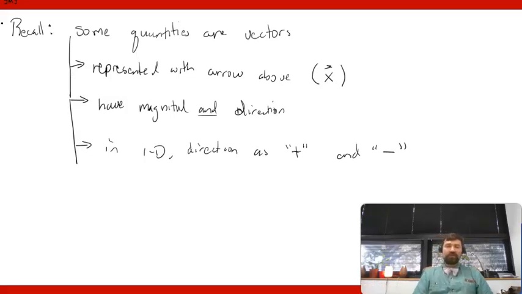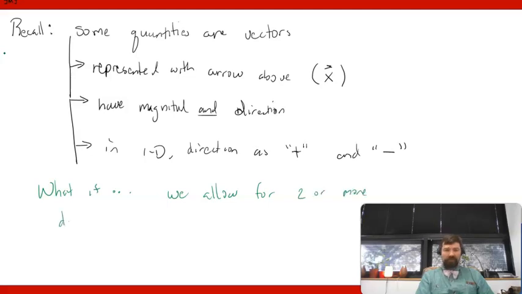So what we're doing in today's video is extending some of this. What if we allow for two or more dimensions? What does that do to these things?